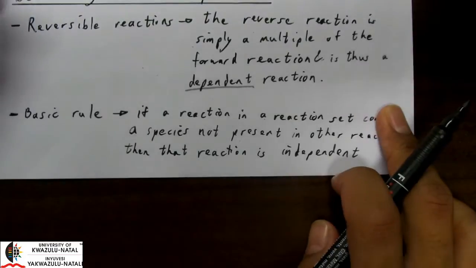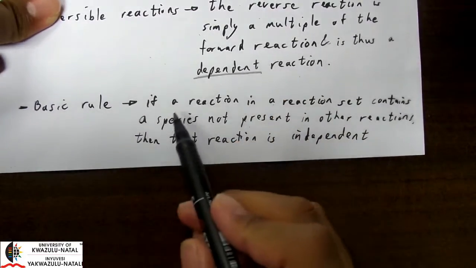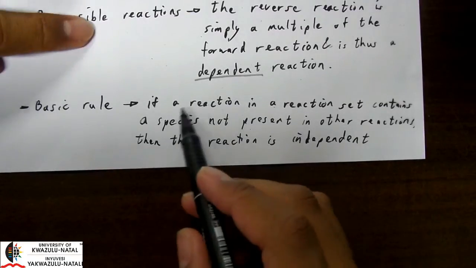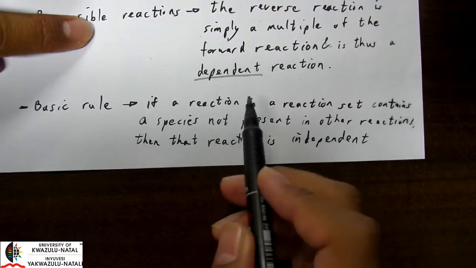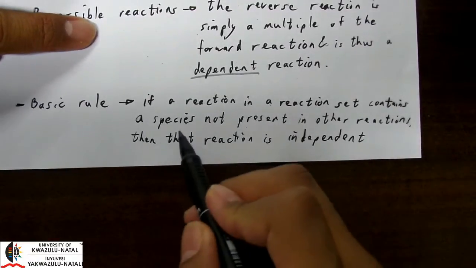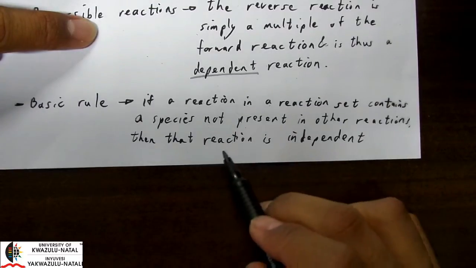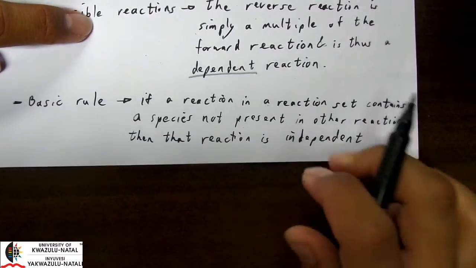And another basic rule from our previous examples is that if a reactant or even a product in a reaction set contains a species not present in other reactions, then that reaction is independent.